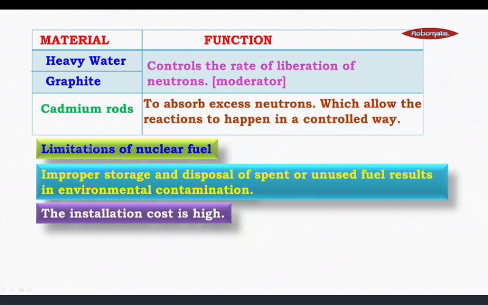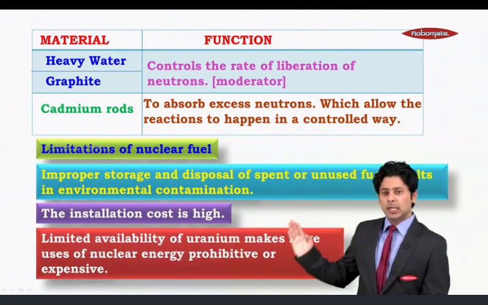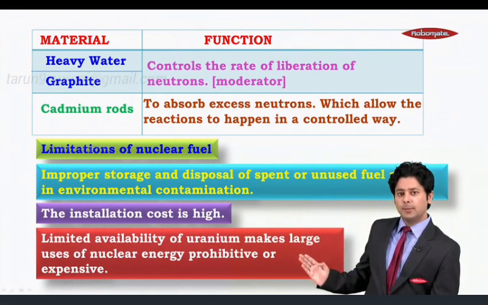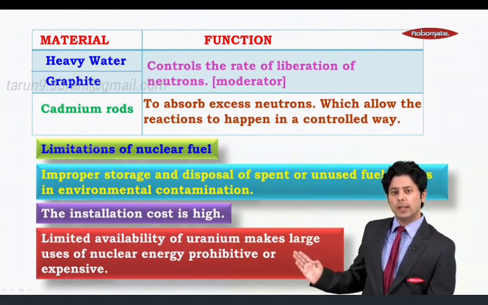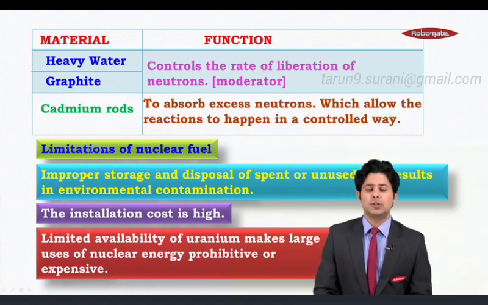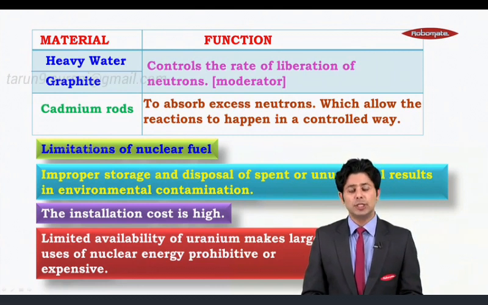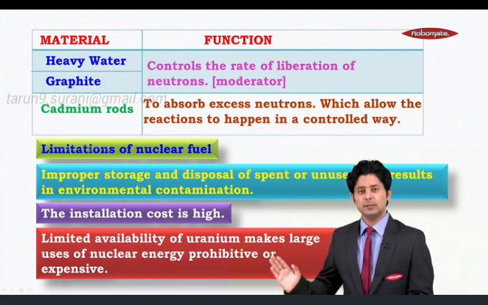The second is that the installation cost is high. Next, limited availability of uranium makes large use of nuclear energy prohibitive. Here prohibitive stands for expensive. So this is how nuclear energy is used to generate electricity, and these are the limitations.